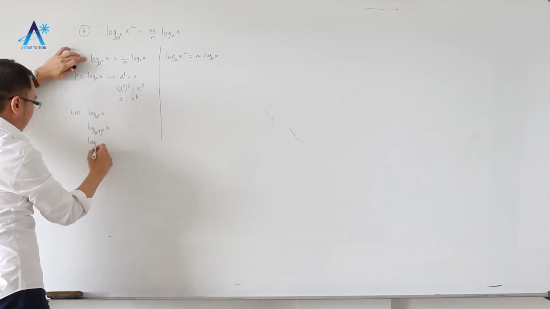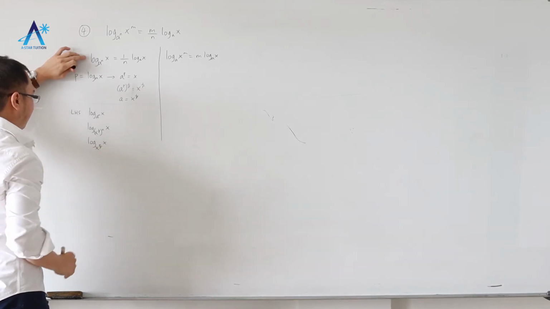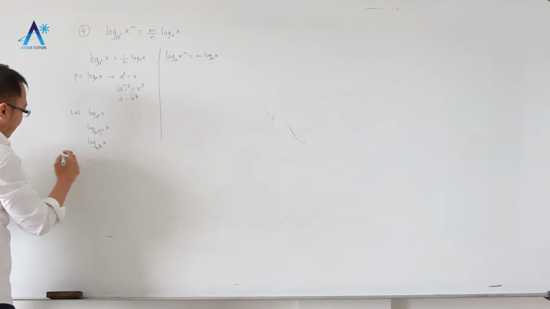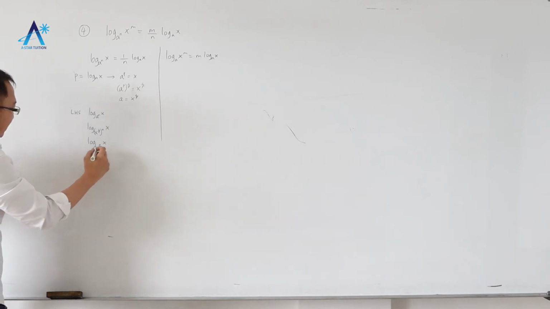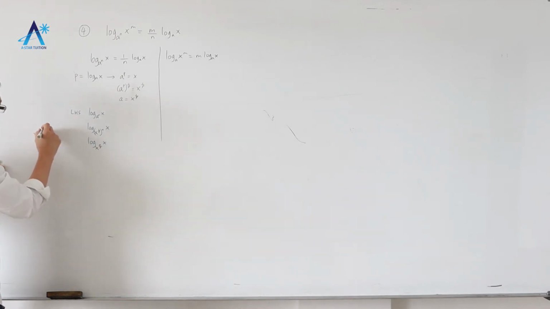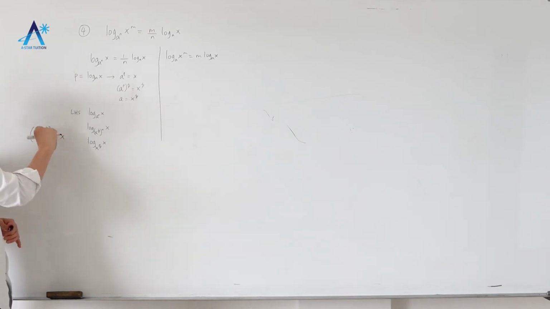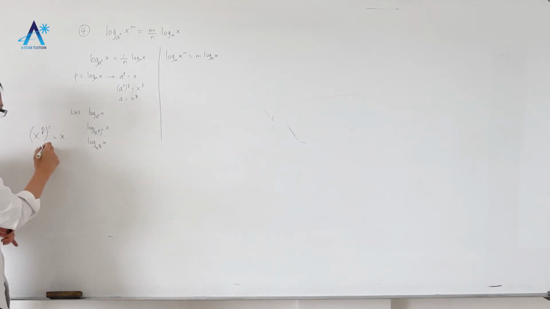This is equal to log base x to the power n over p of x. What does this exactly mean? x to the power n over p to the power what is equal to x? We all know the answer, that it has to be the reciprocal of this, which is p over n.